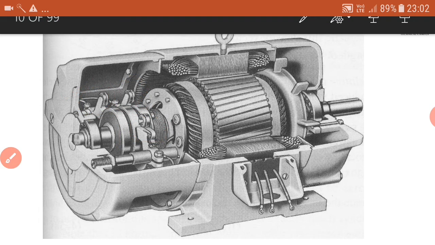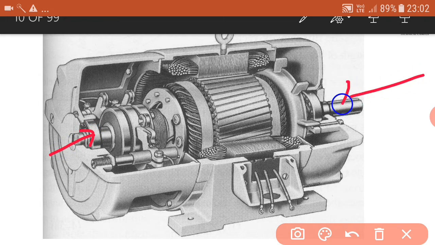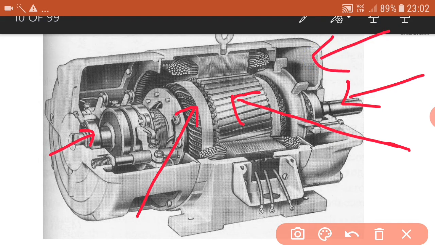Other parts we can also observe here. This is the bearing, this is the shaft, this one is the rotor slots, and here is the rotor winding, and the outer one will be the cover of the motor.